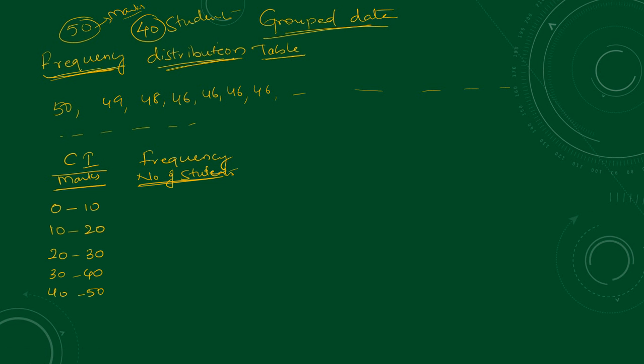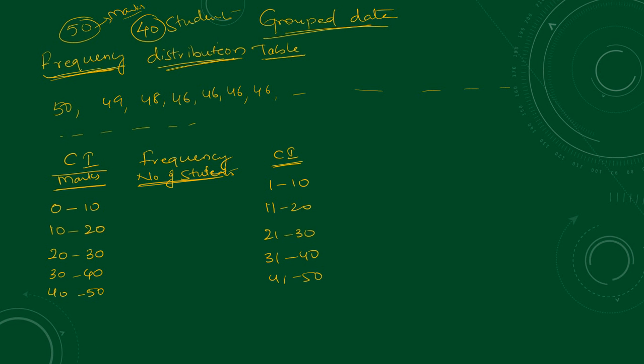Now, there is one more representation for class intervals. Suppose I start from 1 mark: 1 to 10, 11 to 20, 21 to 30, 31 to 40, 41 to 50. These are two representations for the class intervals.